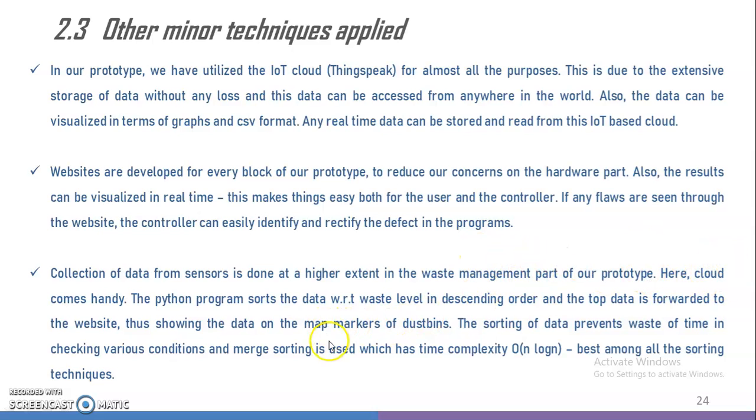The sorting is done using the merge sort technique to reduce complexity; the complexity is big O of n log n, which is the best among the techniques, compared to bubble sort, selection sort and insertion sort. We use merge sort.